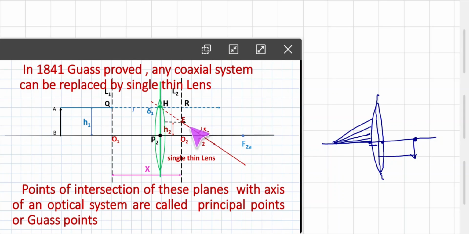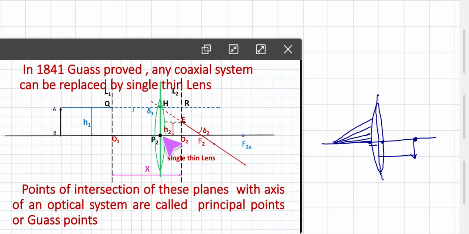So when the ray is traced back, the point of intersection gives us a point, and when a particular line is drawn intersecting the principal axis, that particular point is called principal point 2, and the plane passing through H and P2 is called a principal plane. So points of intersection of this plane with the axis of an optical system are called principal points or Gauss points.